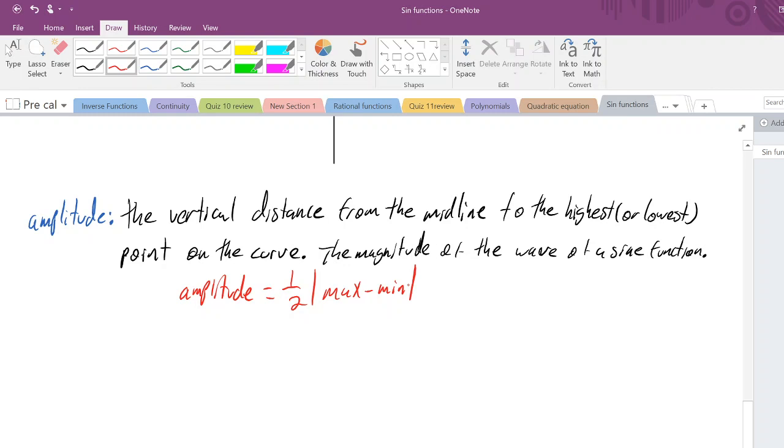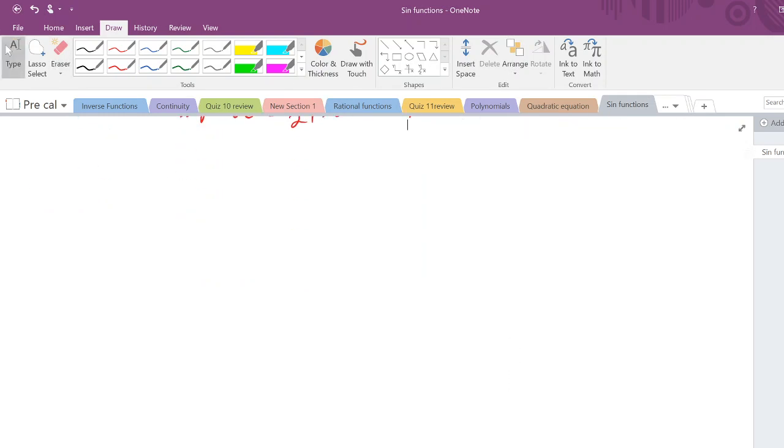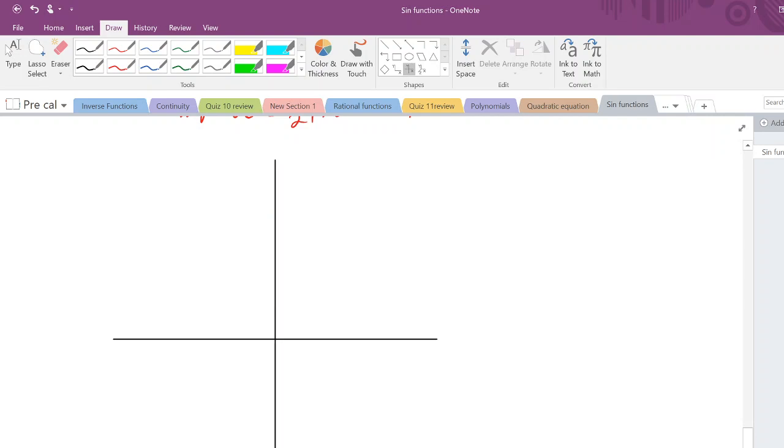Alright, so if I do this graph again, if I'm going to do y equals sine of x again, you should be good with it by now.